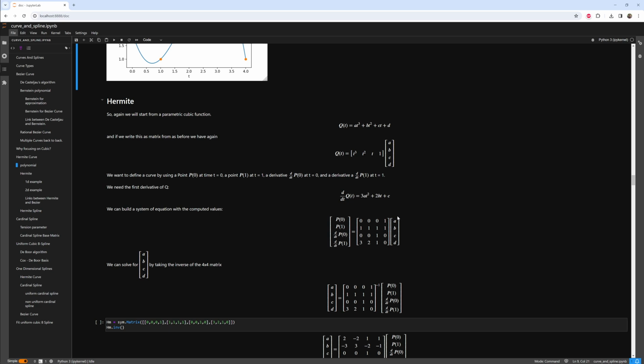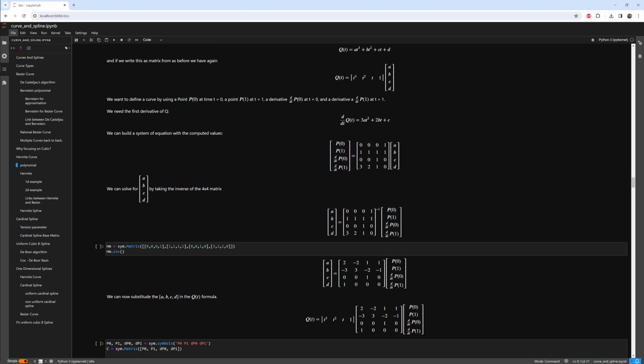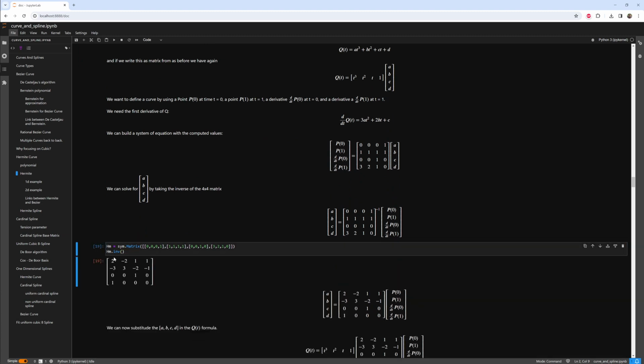So I will solve it by how we actually solve this kind of system usually. And to solve for ABCD, what we do is that we take the inverse of the matrix in the middle. So now ABCD equals the inverse of the matrix, that's my -1, multiplied by point 0, point 1, and both derivatives. And if I compute that inverse, I end up with this matrix.